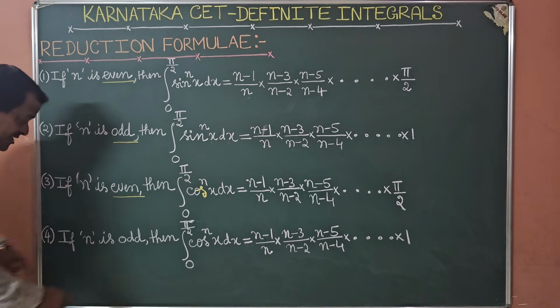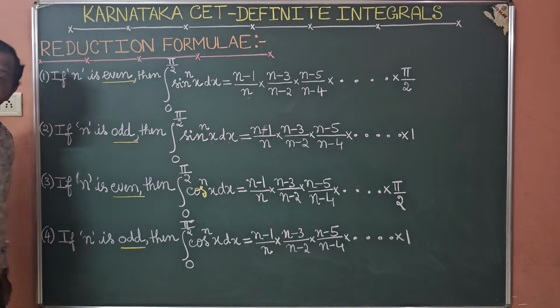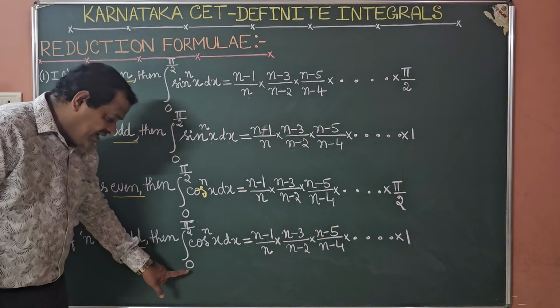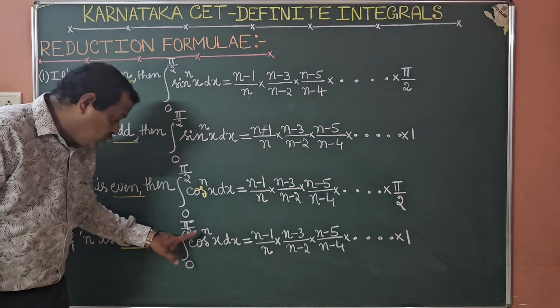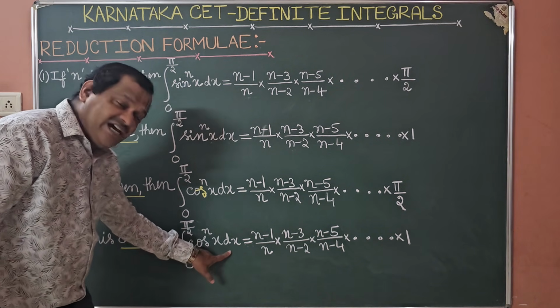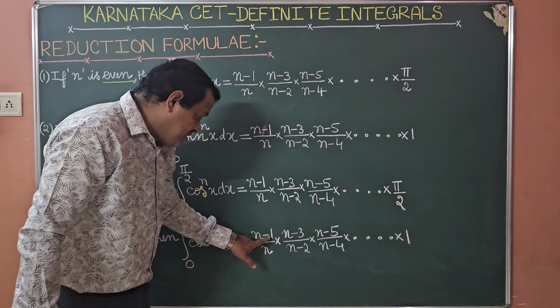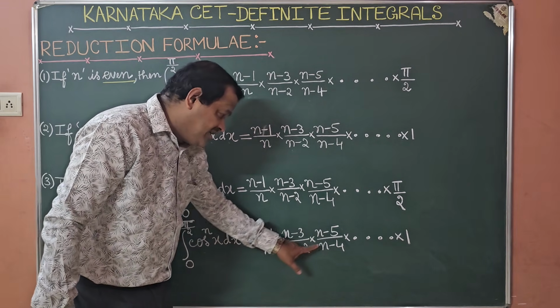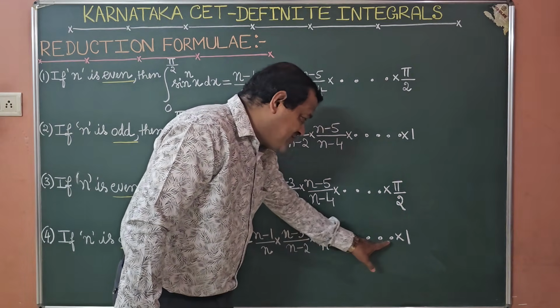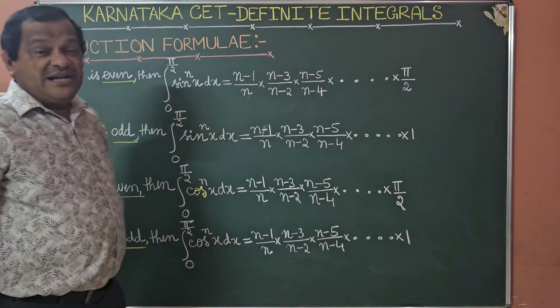And if n is odd, the fourth case, then the integration from 0 to pi by 2 of cos power nx dx is the same as the second one: (n minus 1) by n into (n minus 3) by (n minus 2) into (n minus 5) by (n minus 4) into so on, into 1.